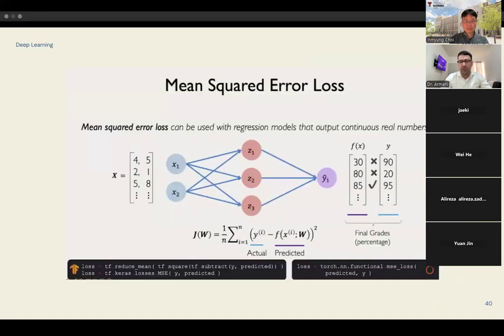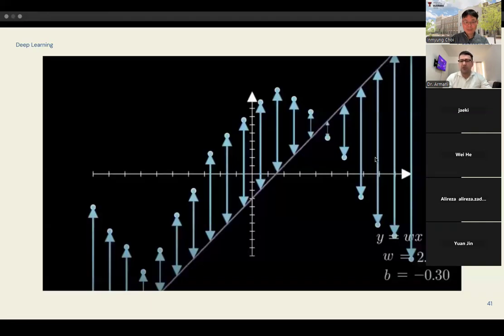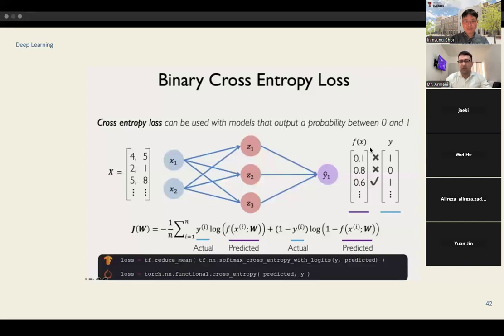So the mean squared error uses the same formula as we have for the multiple linear regression. It's straightforward, just the sum of the squared errors. And the binary cross entropy loss uses the log of the calculated or predicted probabilities times the actual ground truth values.